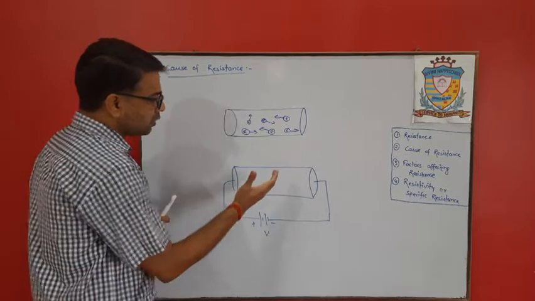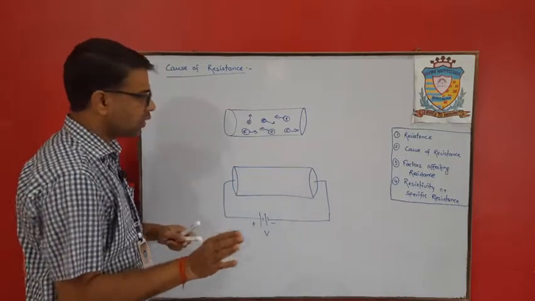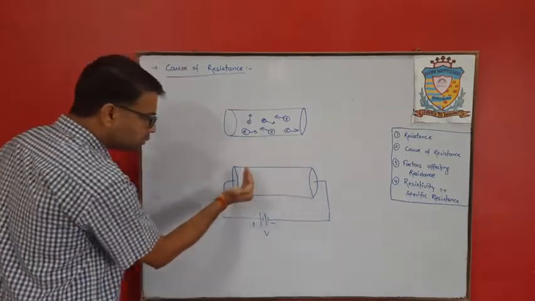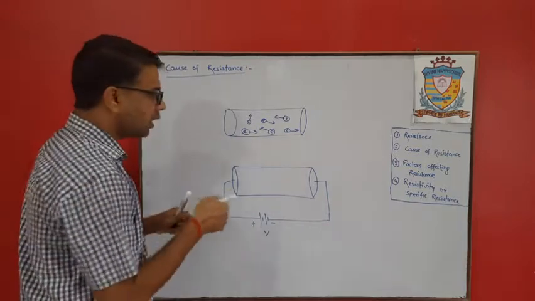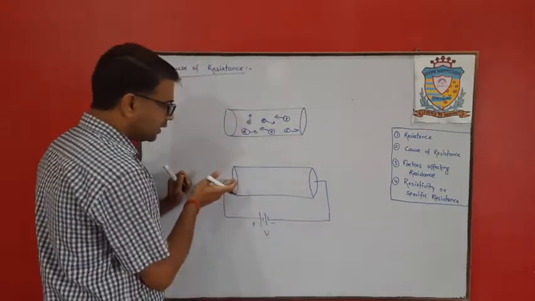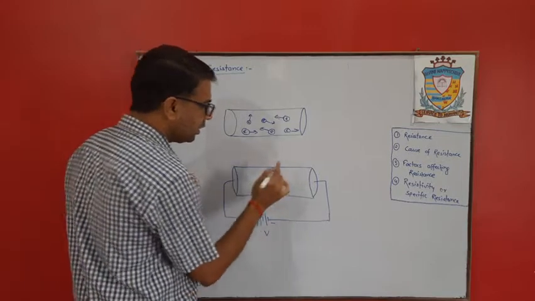All the electrons, I'm only talking about the electrons, want to move toward the positive terminal of the conductor, or you can say the terminal which is connected with the positive terminal of the battery.